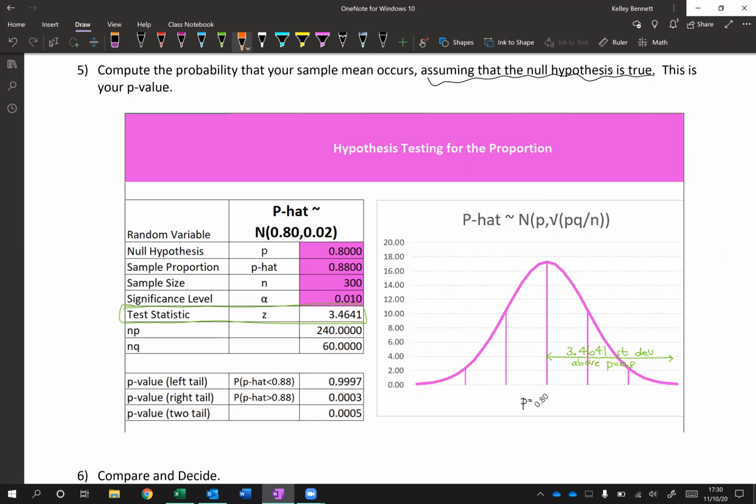So if our alpha is 0.01, this is kind of an exaggerated picture. If our alpha is 0.01, then this rejection region has area alpha over 2, which is 0.005.